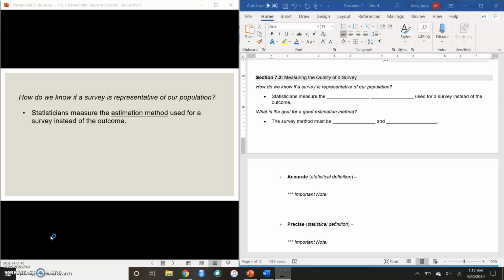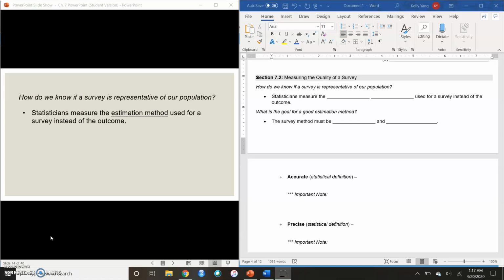In general, statisticians don't measure how representative the survey is by looking at the outcome. The outcome might be very promising, the outcome might be really bad. That's not the main focus.